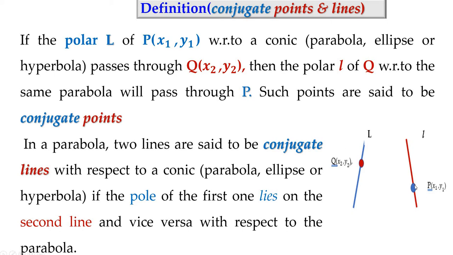So these 2 points are called conjugate points.